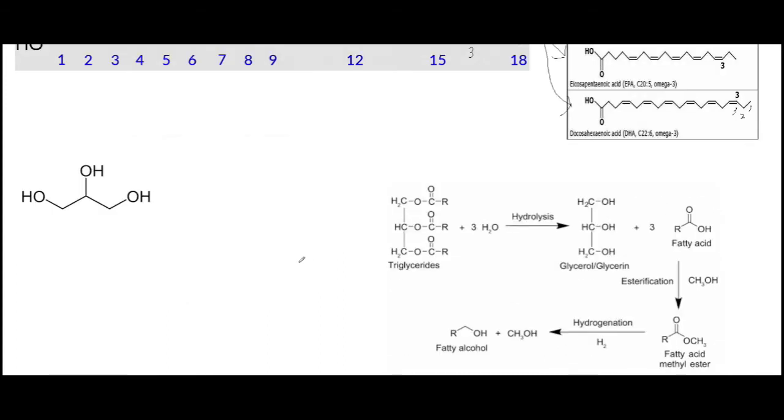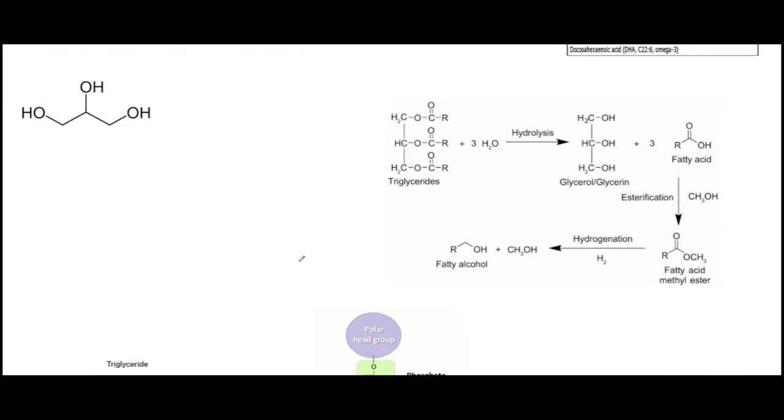Okay, and so the next thing we can talk about is we take our fatty acids and we combine them together using glycerol or glyceride. And to do that, once again, these R's just tell you that there could be some chain going off of this that's just an arbitrary number of carbons.